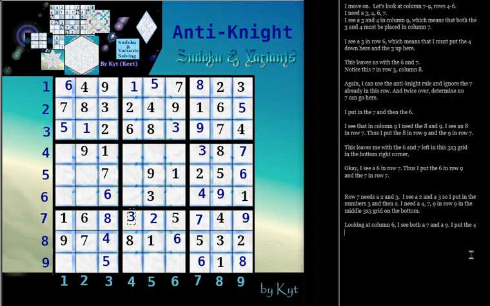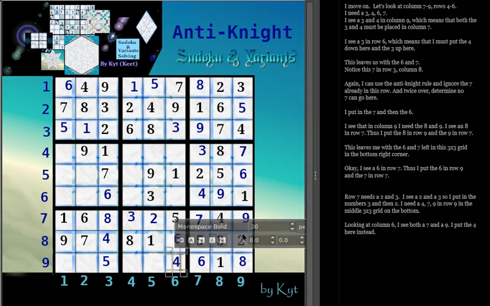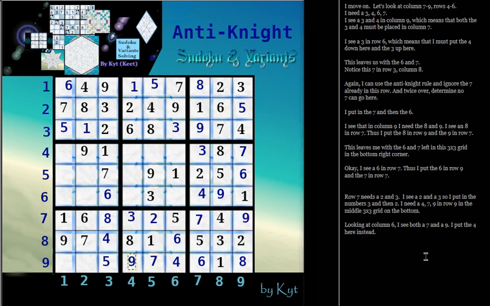I put the 4 here instead. I see a 9 in column 5, so I put the 7 there, and then place the 9 in column 4.